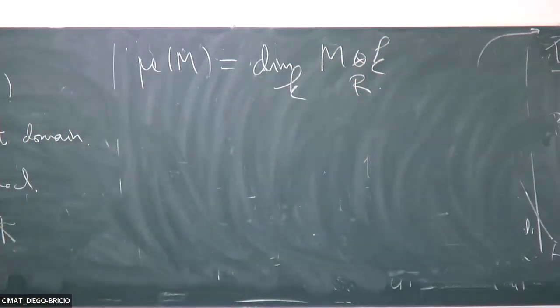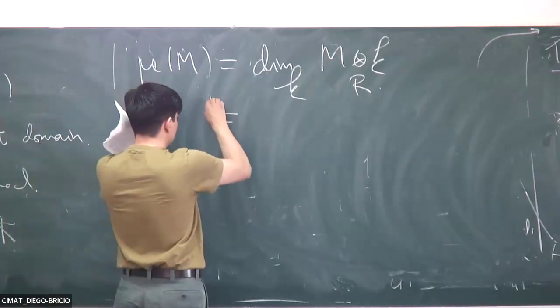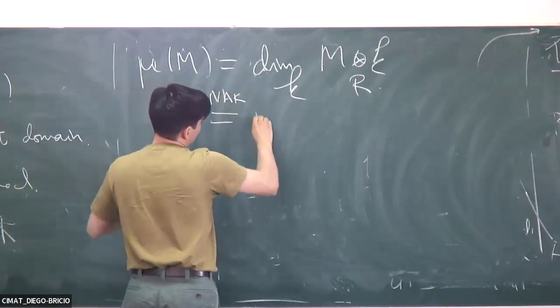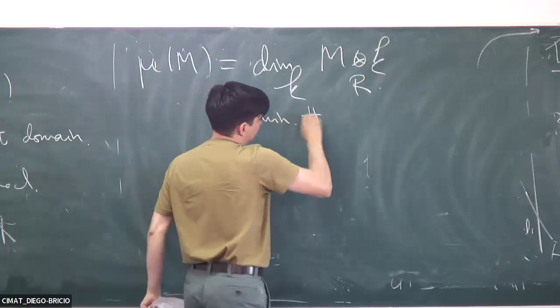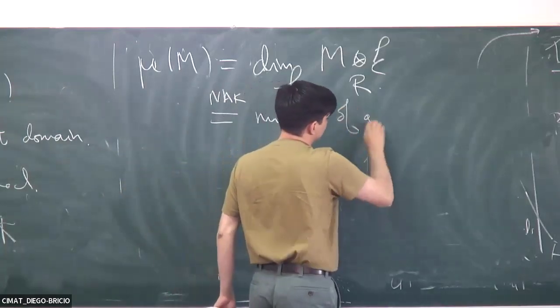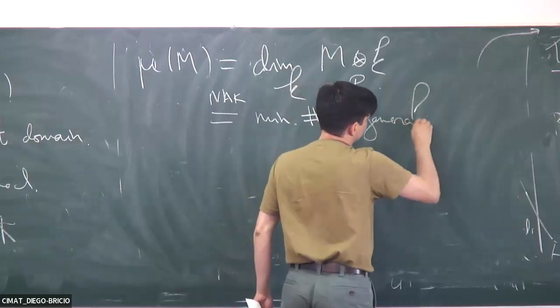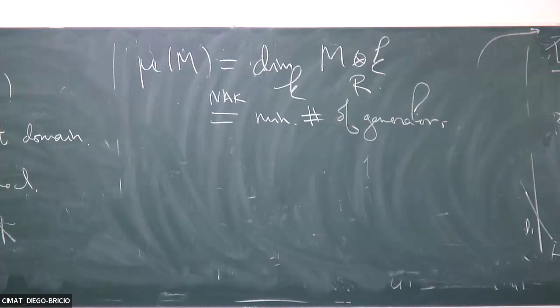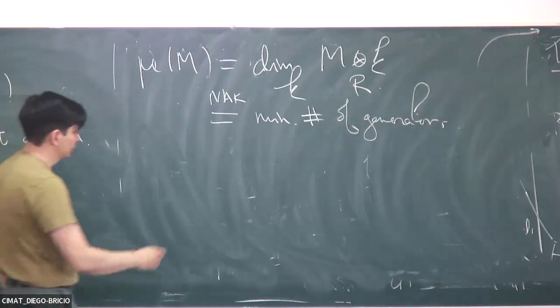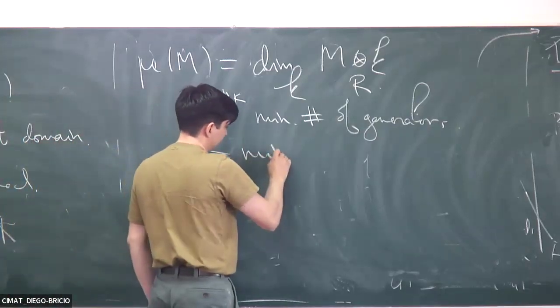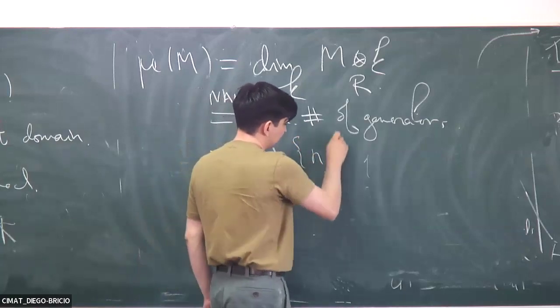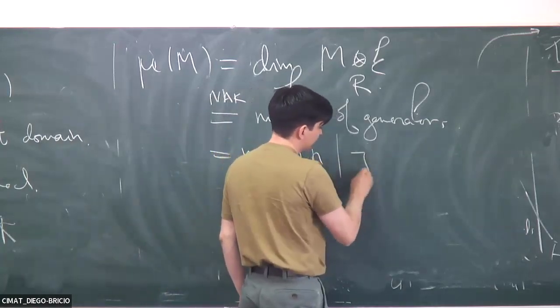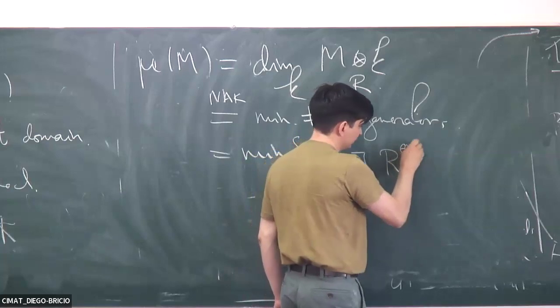The complete extreme. And by Nakayama, this is the minimum number of generators. In other words, it's the minimum of all the n's such that there exists an exact sequence like this.